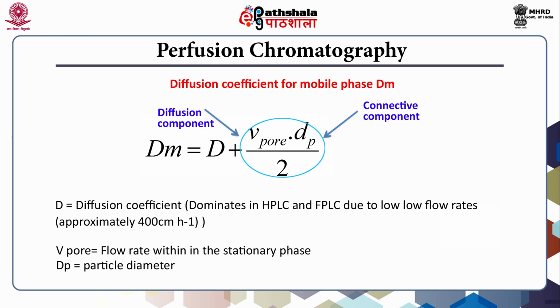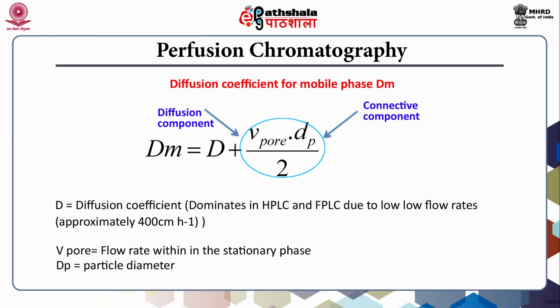Here V pore means flow rate within the stationary phase and dP means particle diameter. The first term, capital D, is called the diffusion component, and it dominates in HPLC and also FPLC due to low flow rates.